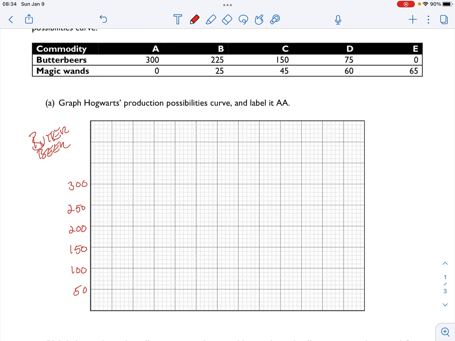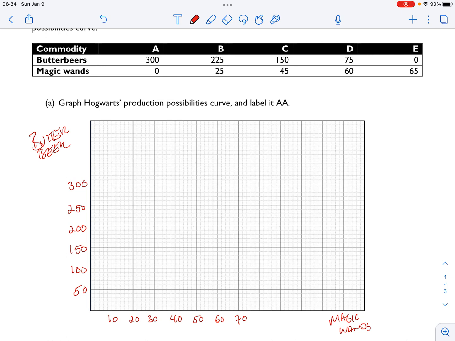And then I'm going to put magic wands on the horizontal axis, and I'm going to do those by 10. So 10, 20, 30, 40, 50, 60, and they can produce a maximum of 65 magic wands, and so we'll take that out to 70.